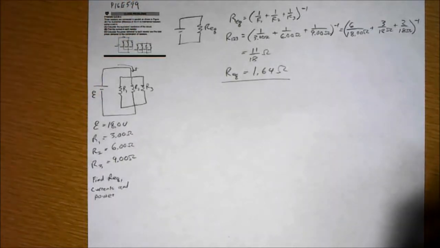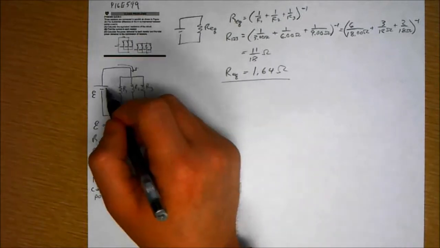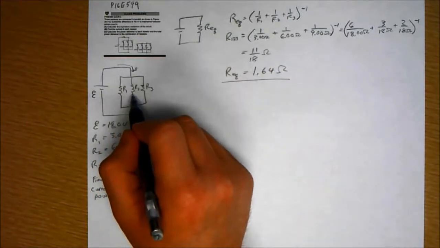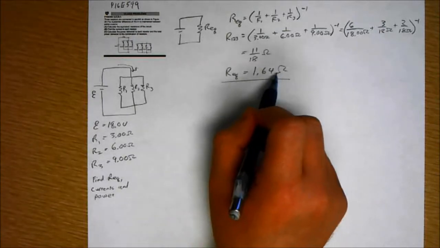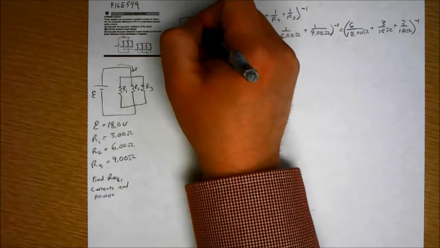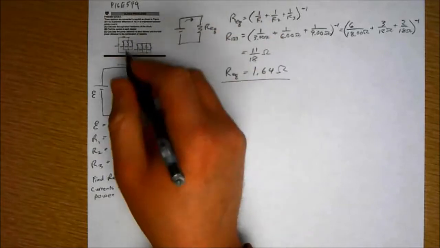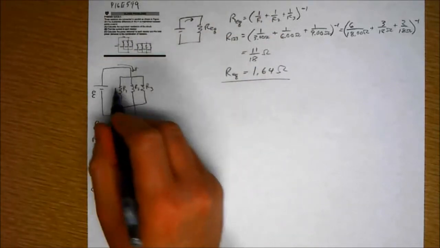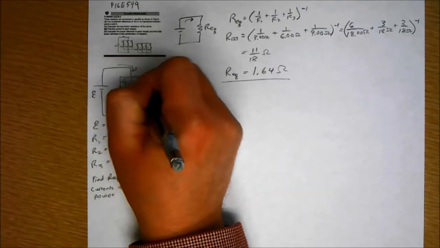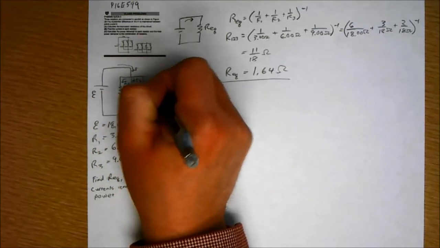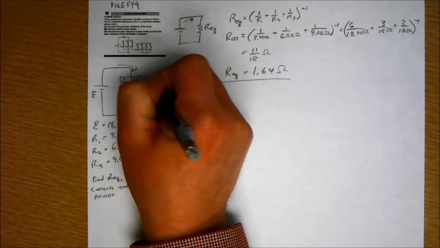So now the question asks us to find the current through each one of these resistors. Well, we know that we could find the current using this equivalent resistance, but that would just be the current through the whole circuit. When the current comes into that junction, it's going to split. It's going to be I1, I2, and I3.